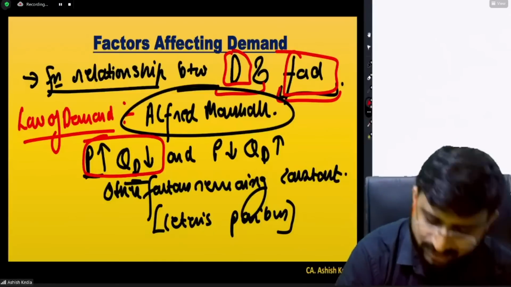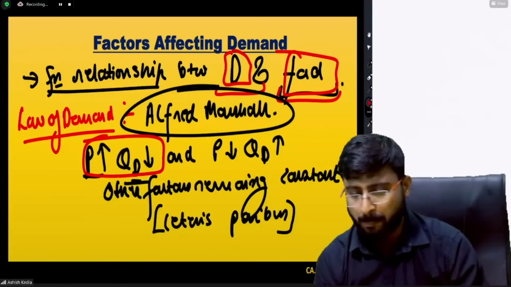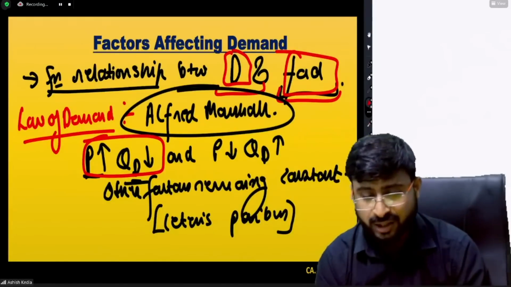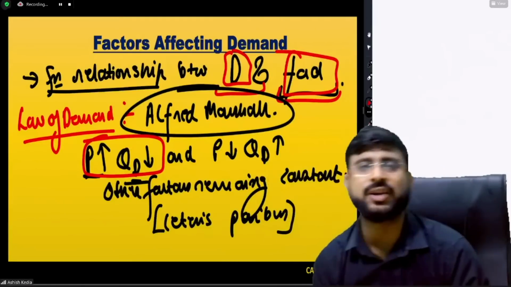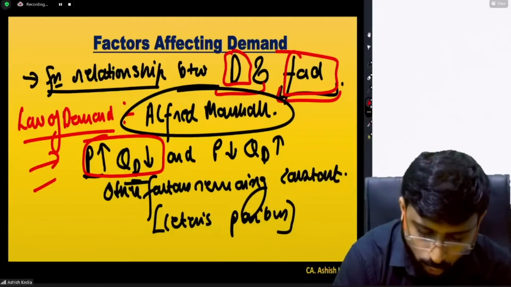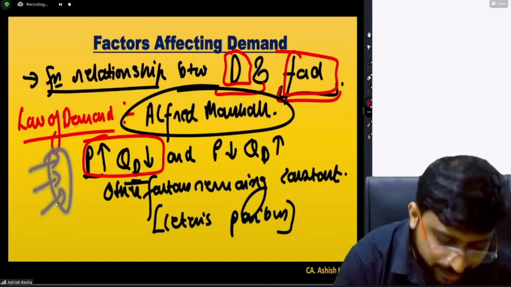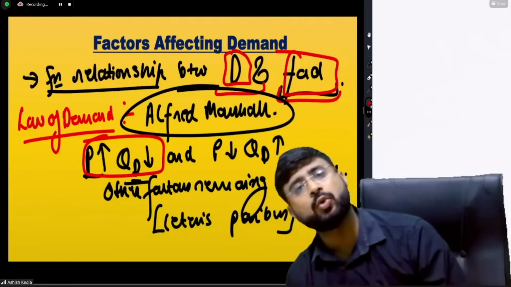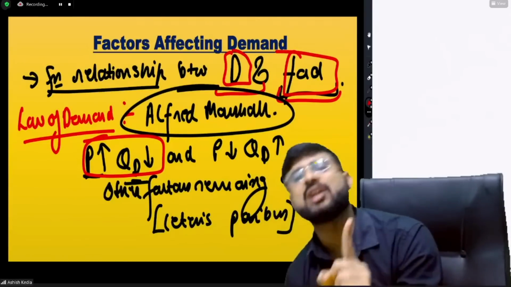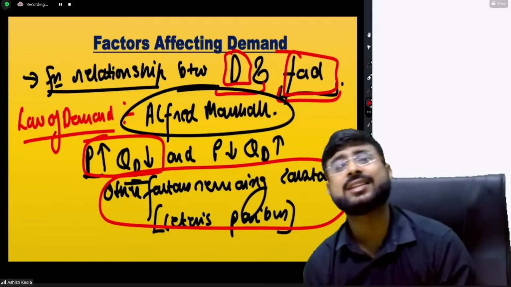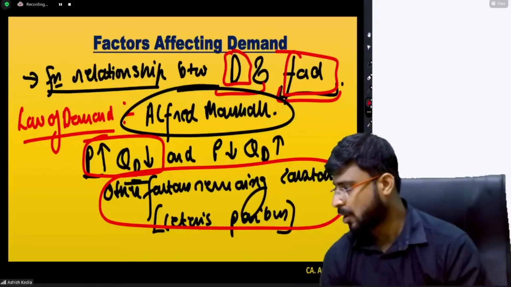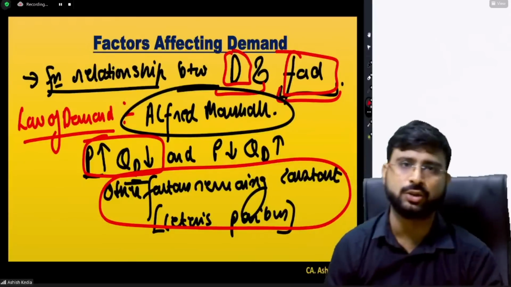We say that yes, there is inverse relationship, but we do not say what other factors are affecting it. If you start talking about multiple factors at the same time, you will never know what will happen to demand. So we talk about only one factor at a time, and hence ceteris paribus, that is other factors remaining constant. Hopefully, everyone, it is crystal clear so far.